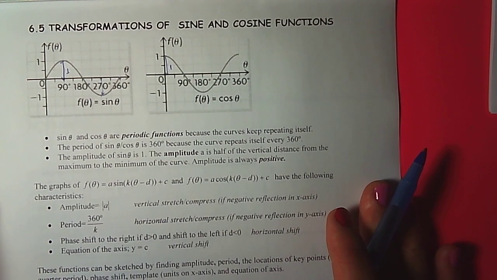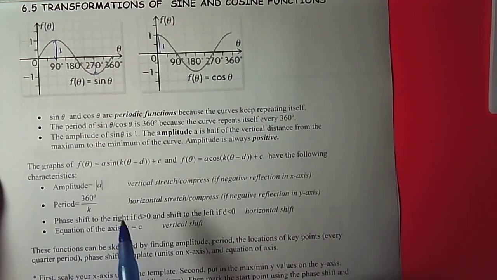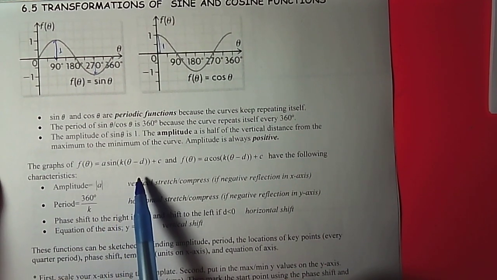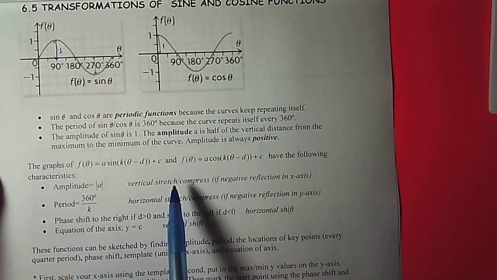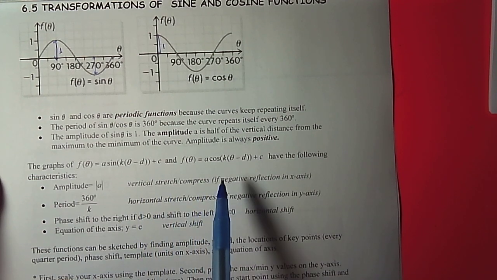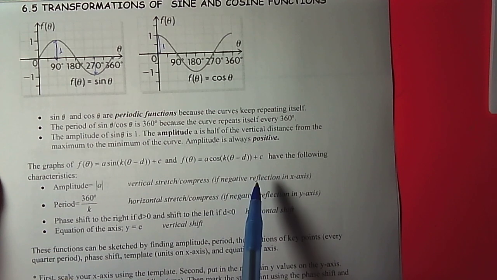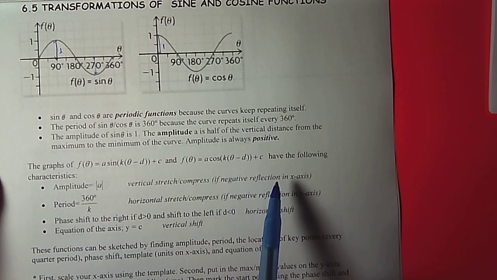So let's go over again those values. A represents vertical stretch and compress. If it is negative, it also represents reflection in x-axis.